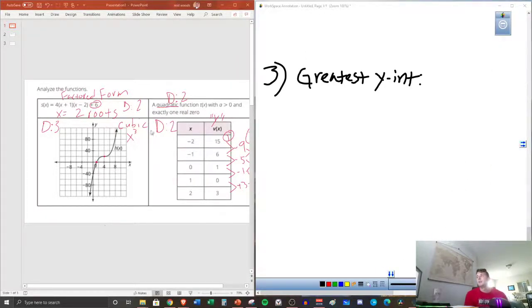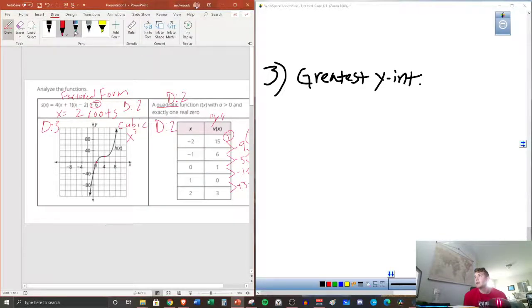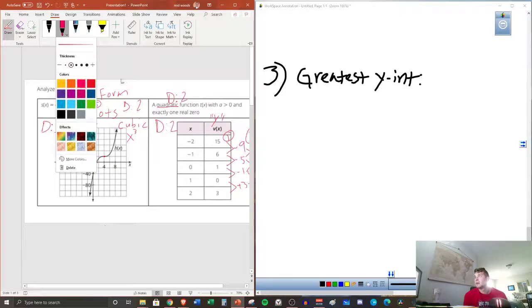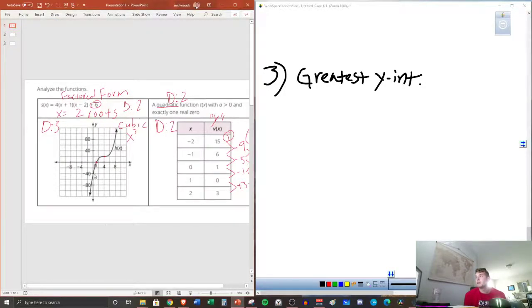We can see right here the y-intercept on this one is -40. And if I look at another one, we go over here to the table. The table's pretty easy. That's where the x value is 0, so here's the y-intercept, and it's +1. Okay, so right away we know that h of x doesn't have it.